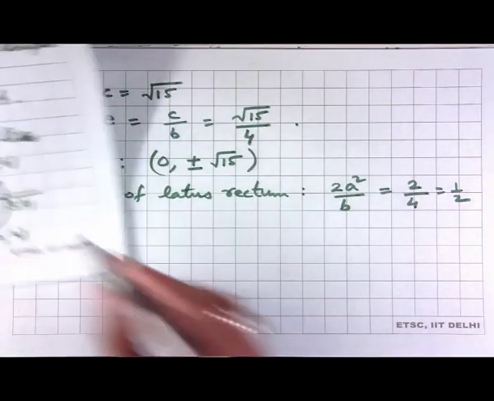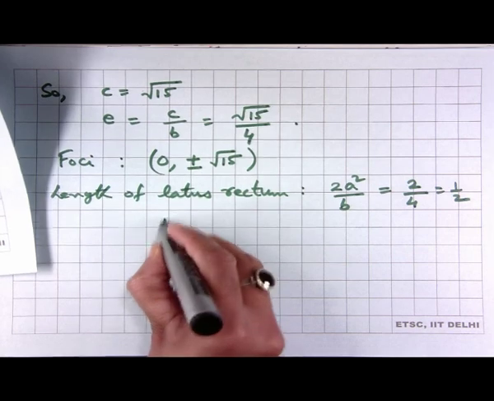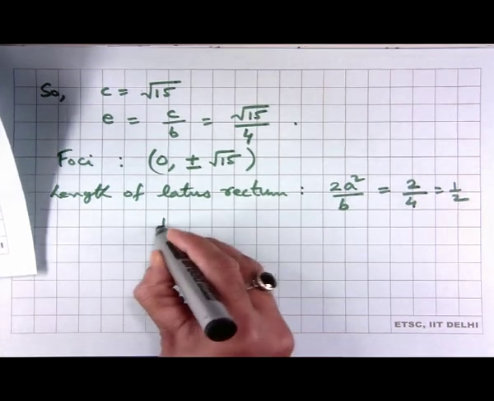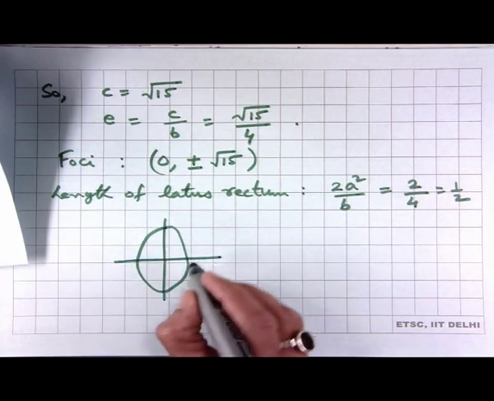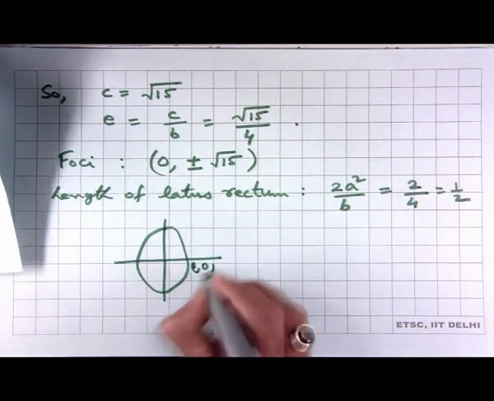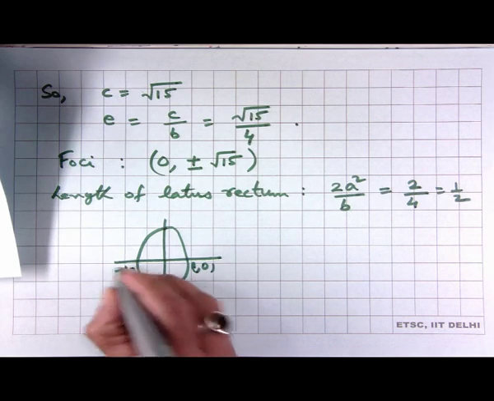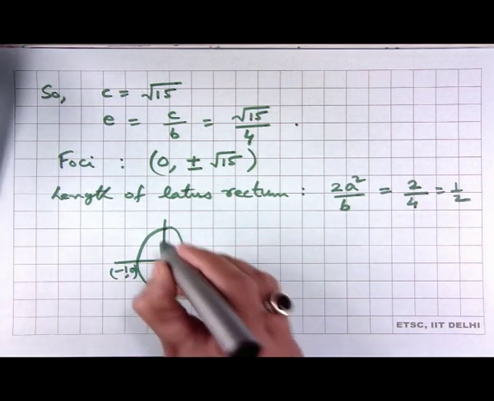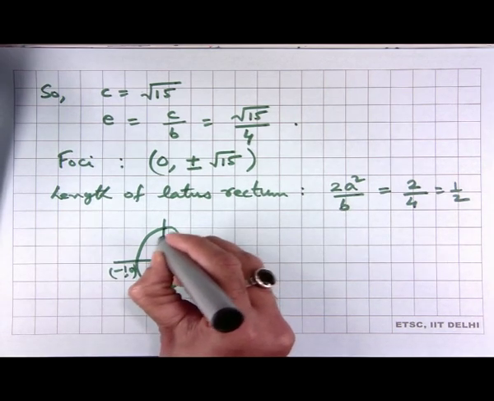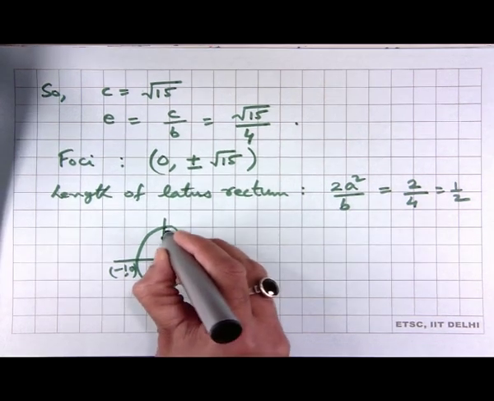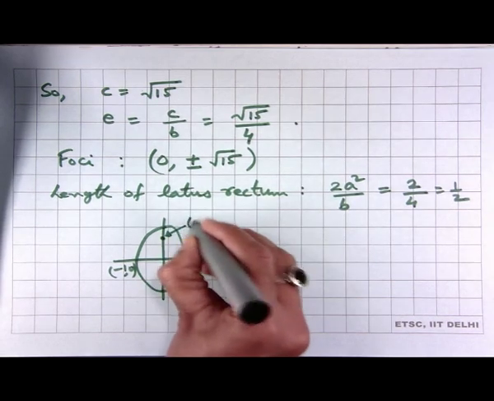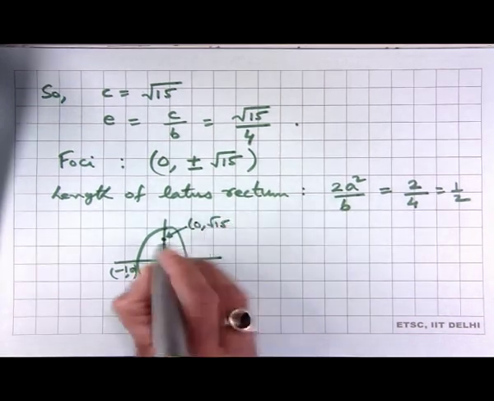This you can directly also calculate here. We have this ellipse. Foci is this point (0, √15).